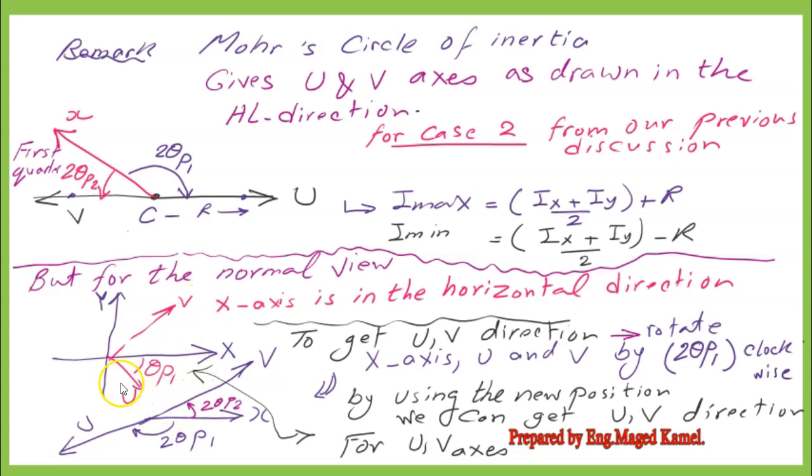We can find that the u direction in the normal view is below the x-axis by an angle of theta b1, while the v direction in the normal view is above the x-axis by an angle of theta b2. The axis Ixy will rotate as well, and we will discuss that in the last slide.